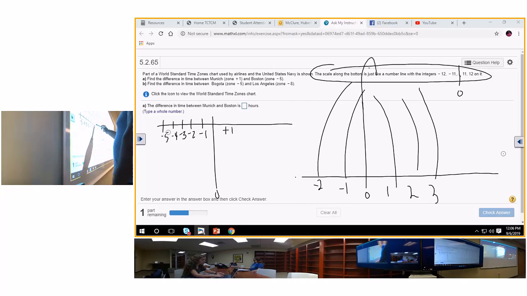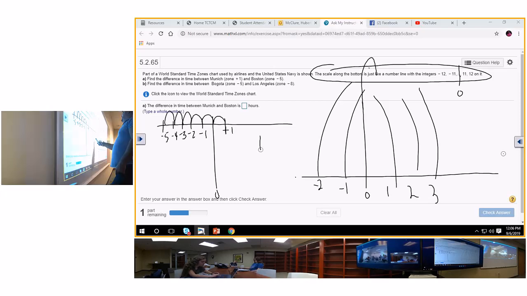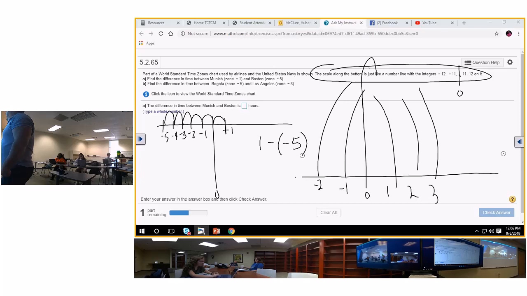How many jumps? 1, 2, 3, 4, 5, 6. Or you can say, 1 minus a negative what? And what happens? And you get 6.